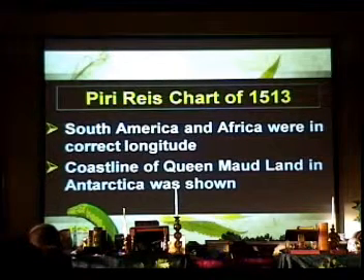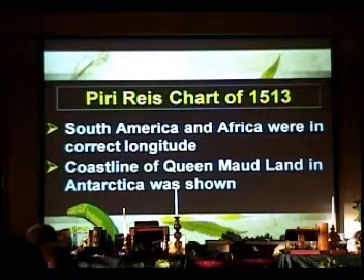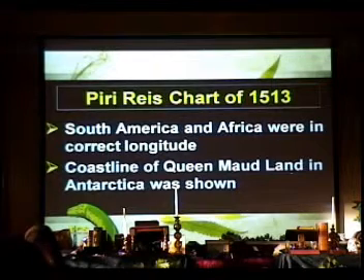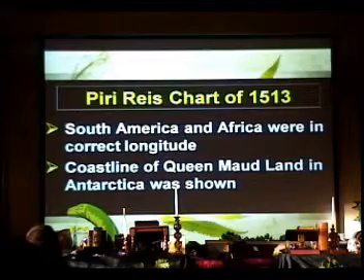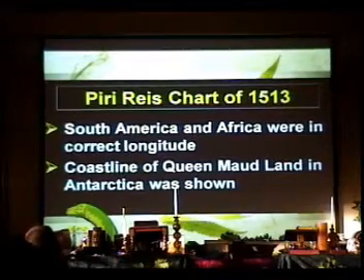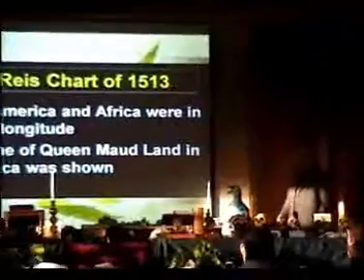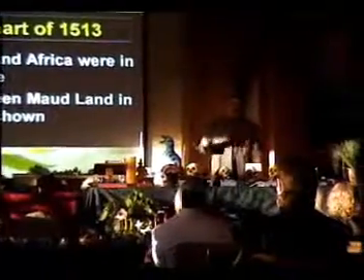This map was made in 1513. Okay? Coastline of Queen Maud Land in Antarctica was shown. Coastline. Okay, 1513, it's under ice. And the problem is, in 1513, they didn't even know this existed. We didn't know until 1819 that Antarctica existed. Till 1819, but they've got a map showing the coastline of Queen Maud Land in 1513.